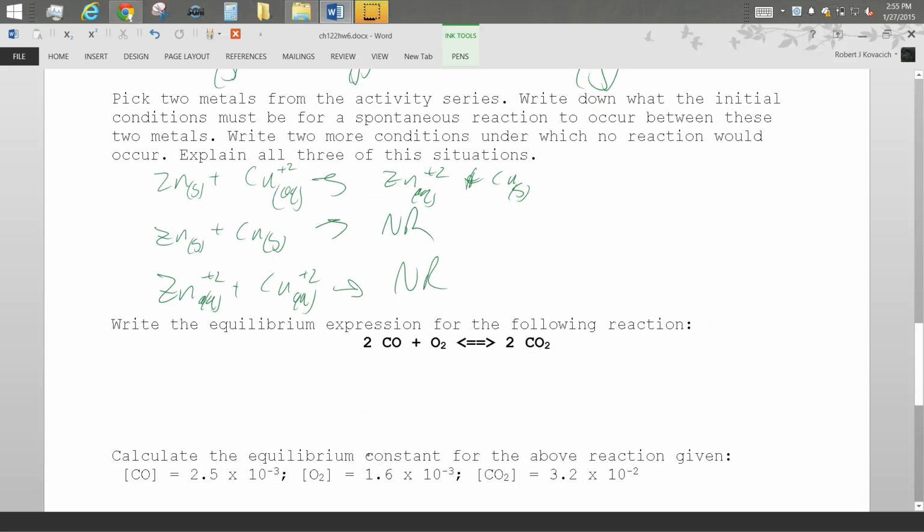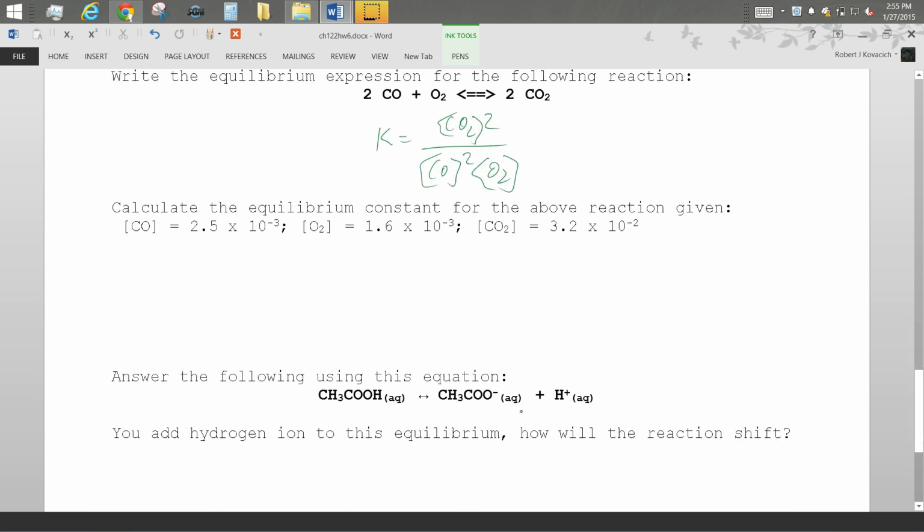Write the equilibrium expression for this reaction. So K is equal to carbon dioxide concentration squared over carbon monoxide concentration squared and oxygen concentration. And then for the above, calculate the equilibrium constant.